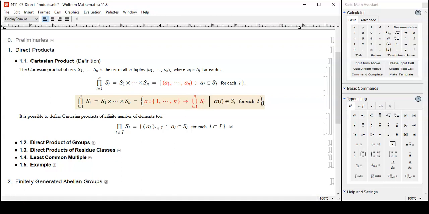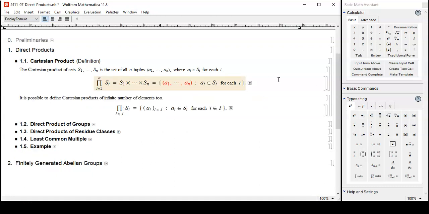Remember the axiom of union. S1 through Sn are well-defined sets. They are given sets, so the union is always well defined, so you can define a function like this, and that function is the n-tuple. So yes, this is now well defined and we can use it.